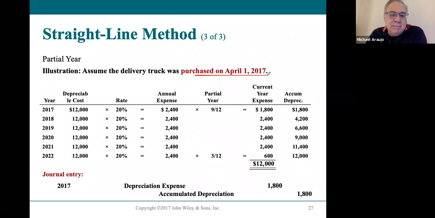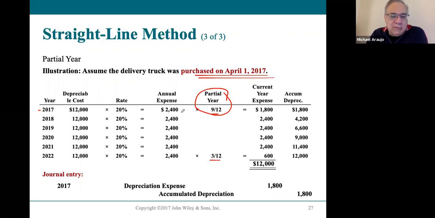If you purchased it mid-year, then you can only write off, again, in this case, they purchased it on April the 1st instead of January 1st. So it's the same calculation, but the only difference is the first year you can only write off 9 months of the 12-month period for that very first year. What happens to the other 3 months of that year? You write it off at the very end.